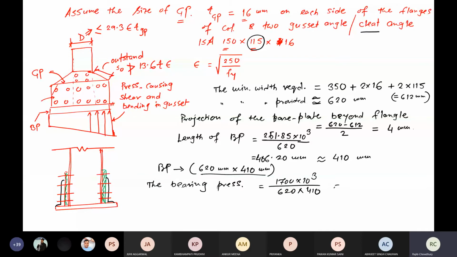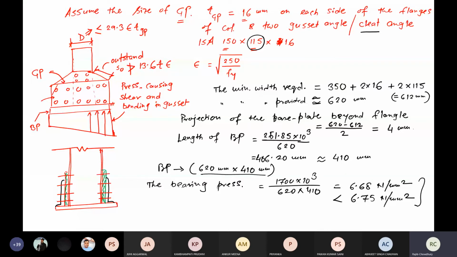That is the same as we had done previously, to make a cross check. Newton per mm square, which is obviously less than 6.75 Newton per mm square. So one check is done over here.